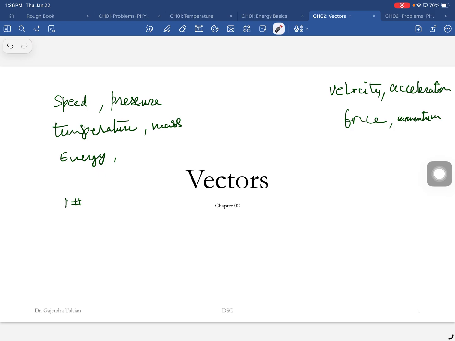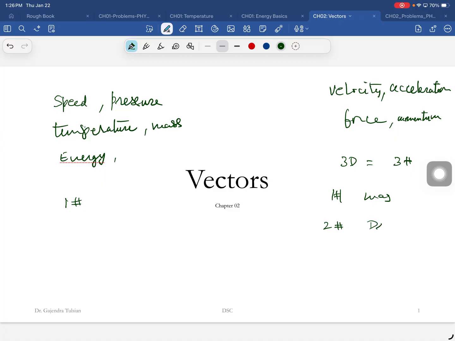Now let me show you how to add vectors in pictures. Then we'll learn how to add vectors algebraically, because it's hard to draw pictures accurately. But adding vectors in pictures is a good thing to have in your mind, so you understand it better.